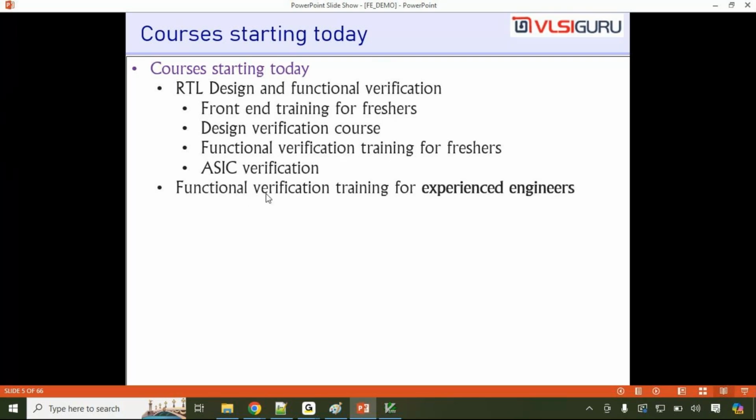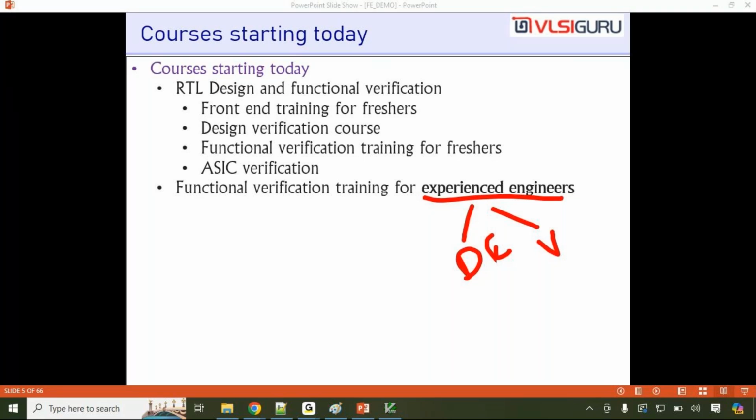Other than that, we have a course meant for functional verification training for experienced engineers. What is the difference between functional verification training for freshers and experienced engineers? Those who are already working in the industry would be very comfortable with digital electronics and Verilog. They may have some things lacking with respect to advanced things like SystemVerilog and UVM, some industry level projects. Generally, those who are working in the industry don't get to work on everything in the flow.